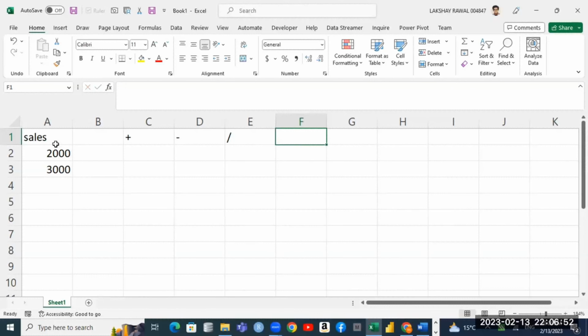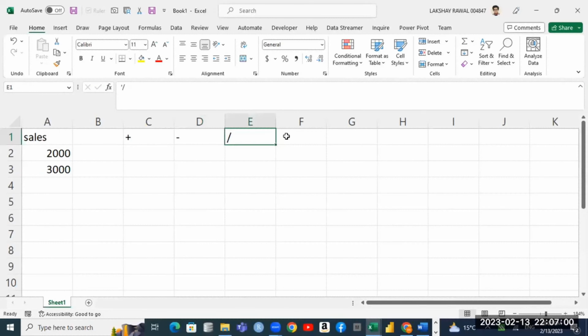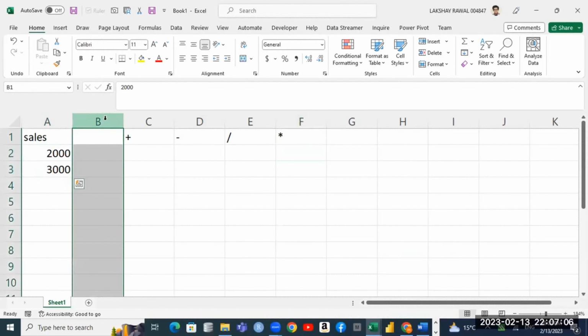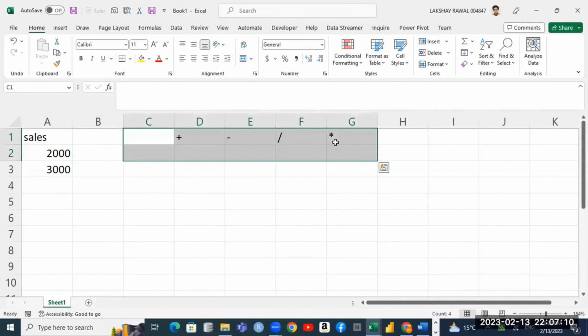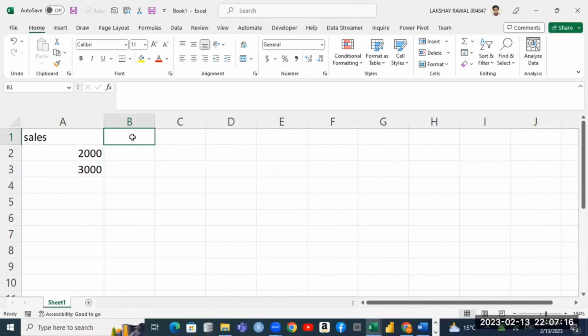These are basic operators you should know. Suppose sales is given, and you have to find the sales of the next quarter.